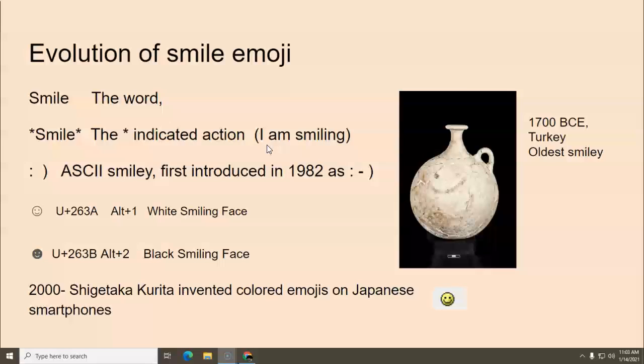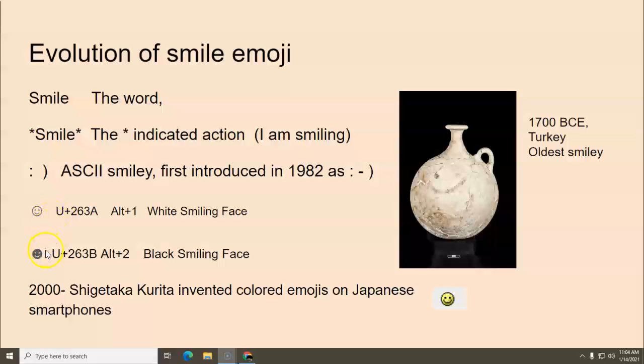This is a joke. And then in 1982, in Carnegie Mellon, somebody introduced the ASCII smiley, which is the colon and the parentheses. This guy here, actually they had a nose in it at first, but that is still used a lot. And then Unicode developed the coding to be able to create the smiley face, and there were 2 of them.